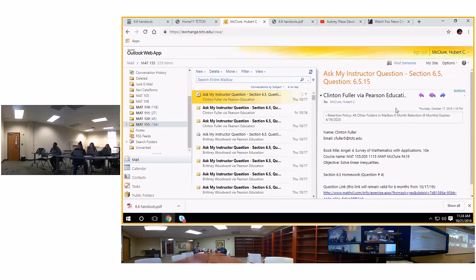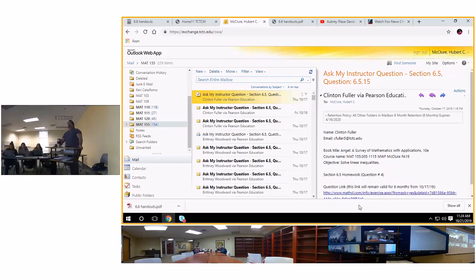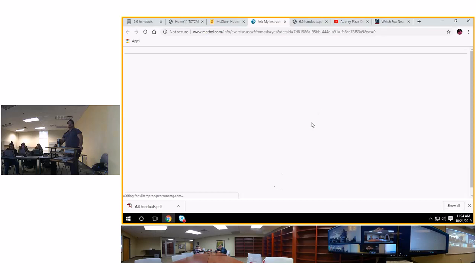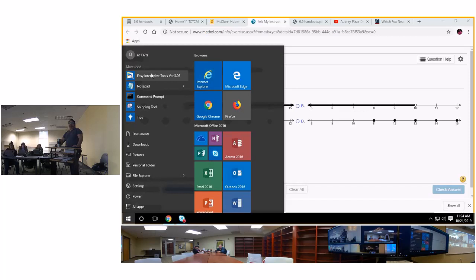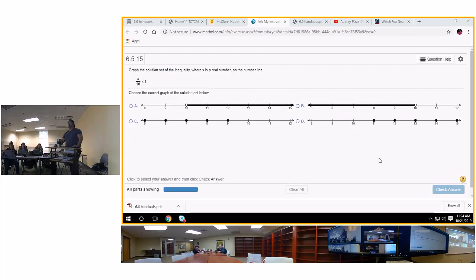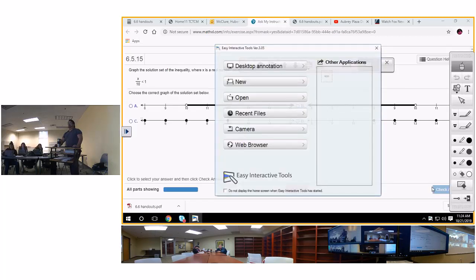And this is 6.5, number 4. What do you need to do? Multiply through what? Multiply through by 10, which is the common denominator. And what do we need to highlight?